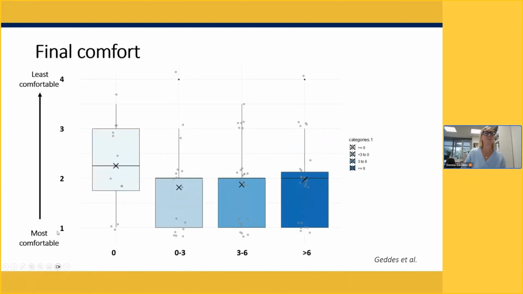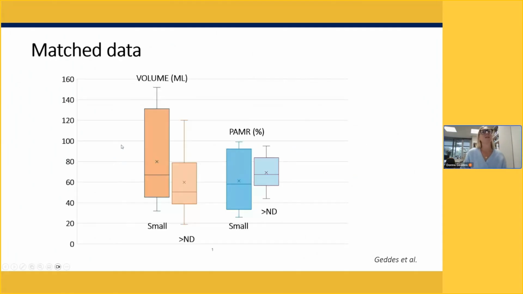Interestingly as well, when we look at the mother's comfort ratings, whilst this is not significantly different, it is trending towards a more uncomfortable feeling for our mothers that were in the 0 category here. In the matched data, I really wanted to show this. This is quite low numbers about how misleading volume could be.